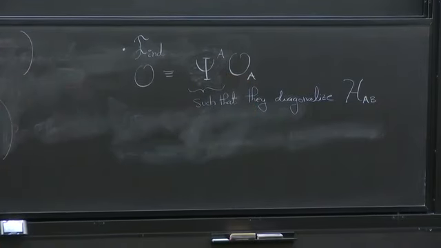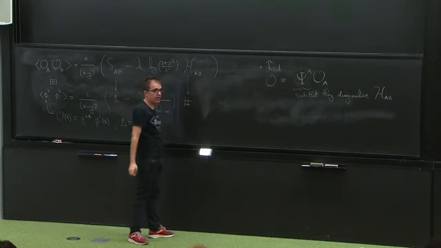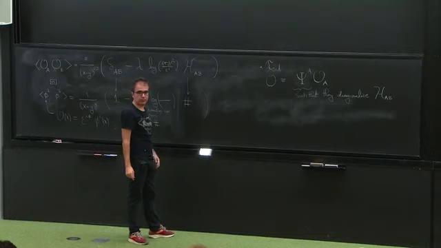Right? So we take linear combinations such that when I plug these linear combinations, I diagonalize this HAB.